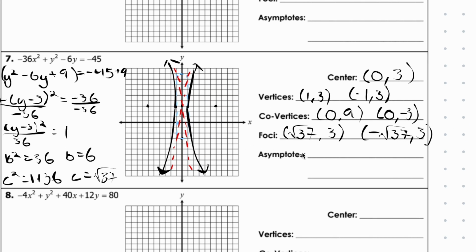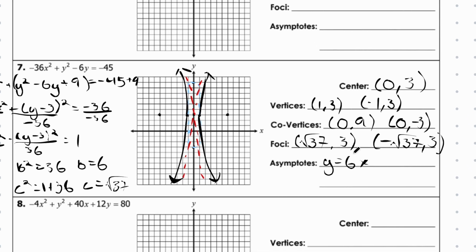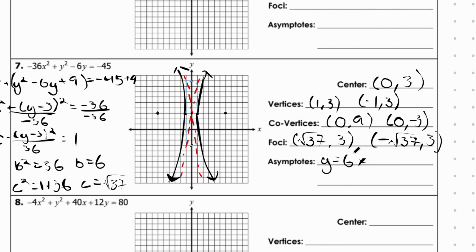And so our asymptotes, this is a horizontal hyperbola. So we're going to have b over a. So y equals 6 over 1, which is just 6, times x minus h. H is equal to 0, so x minus 0, we don't need to put that.